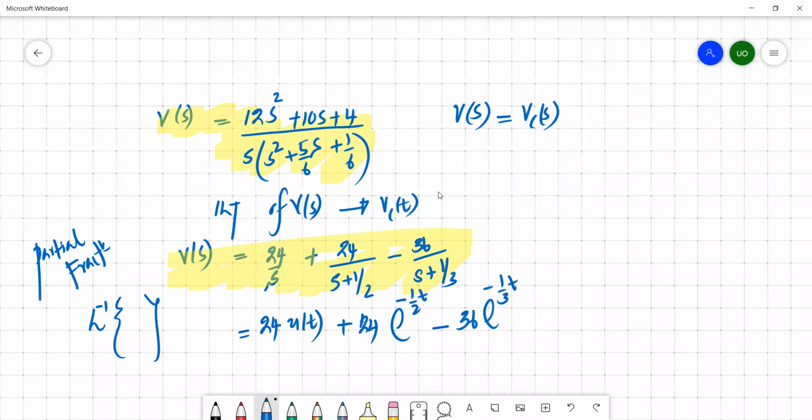If you take this 12 out, it becomes 2 times ut, plus 2 e to the power minus t over 2 minus 3 e to the power minus t over 3, into ut.